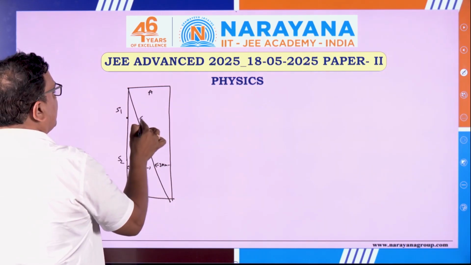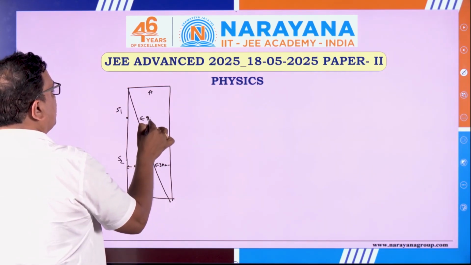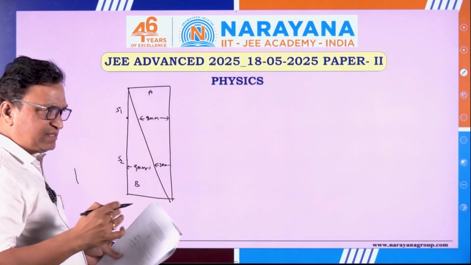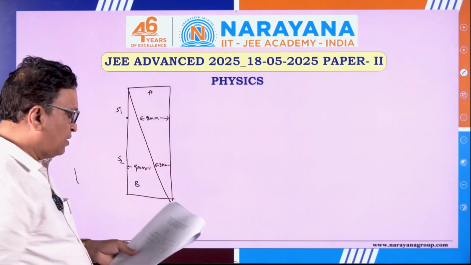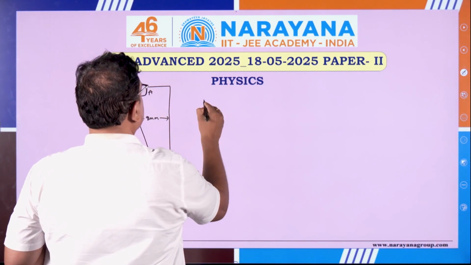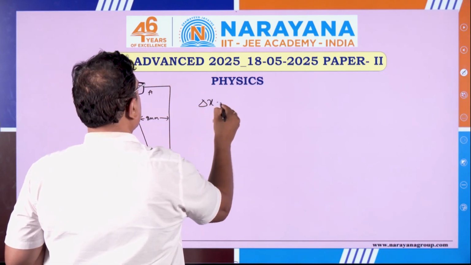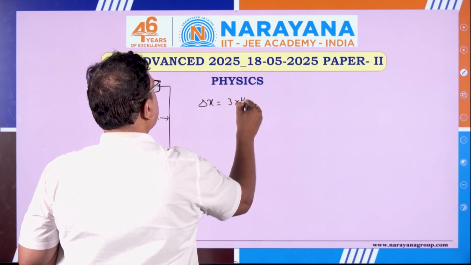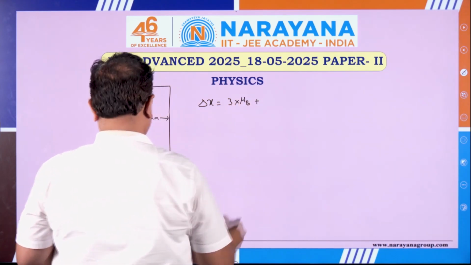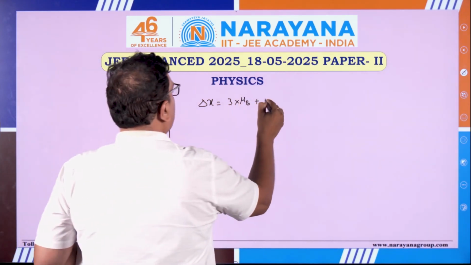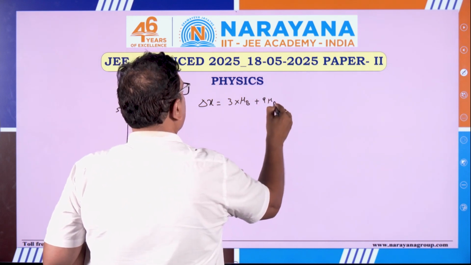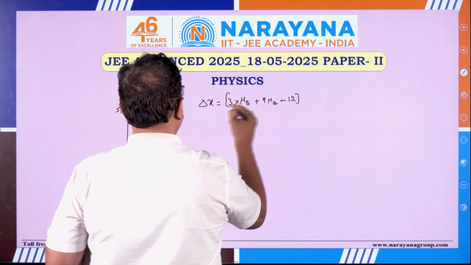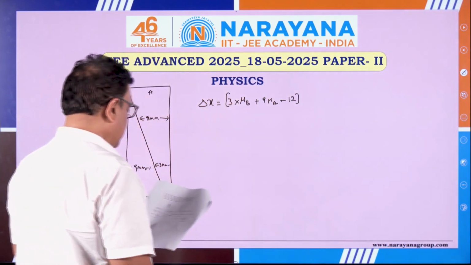Same thing you can have here: 3, this is 9 mm and this is 3 mm. I took it as if like two sheets. Now I am calculating path difference. Remember, 3 times mu B plus 9 times mu A minus 12 is the effective path difference produced here.